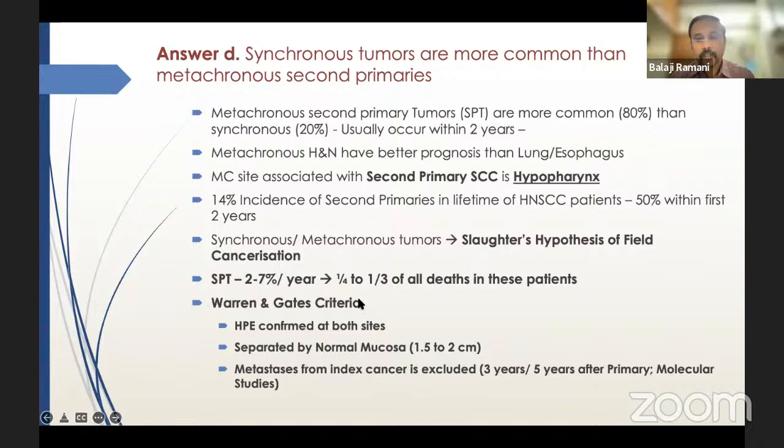Depending on the site and the book, it is sometimes mentioned as 2 to 7% per year, so overall the incidence is somewhere between 1% and 5% per year. I don't know the exact number because multiple books mention different things, but around 2 to 3% per year is the norm for second primary tumors. And many of these will also lead to the death of the patients.